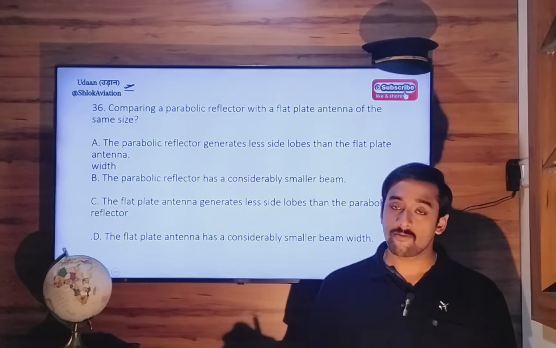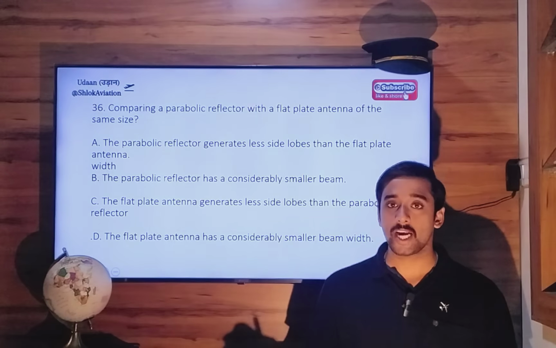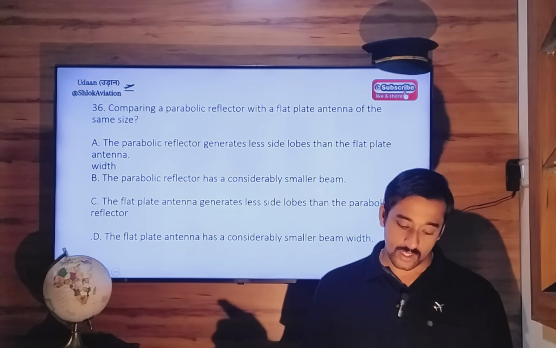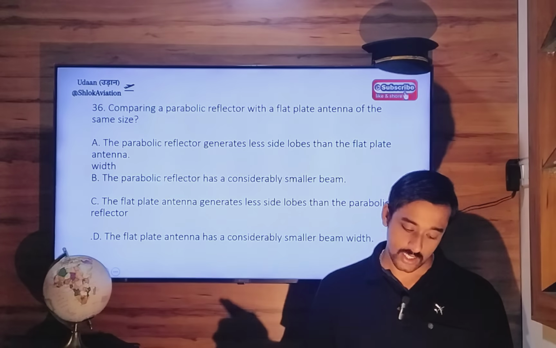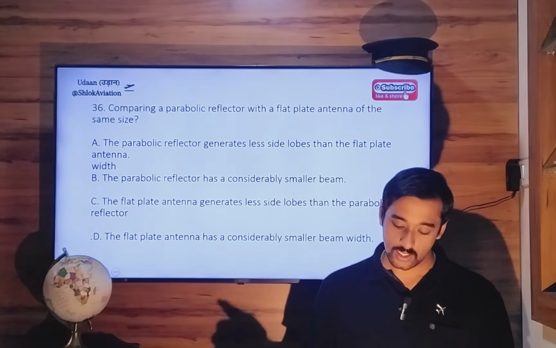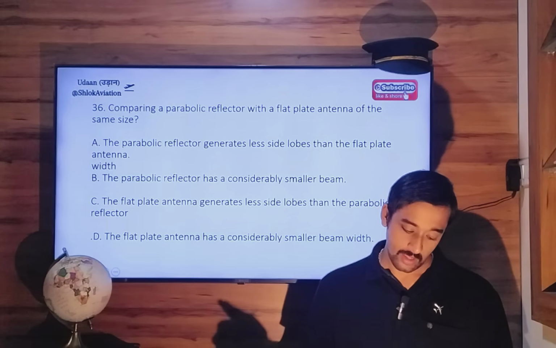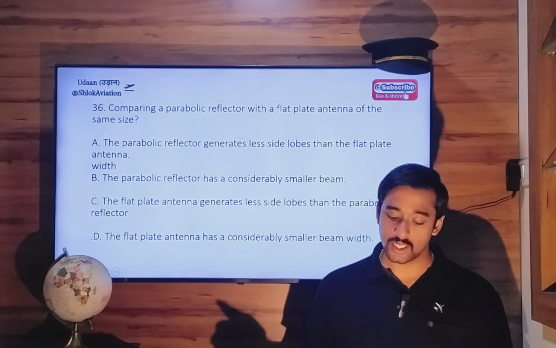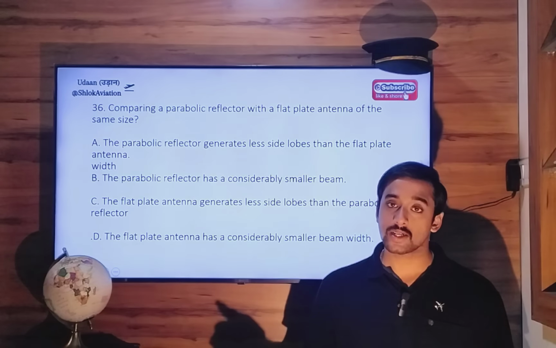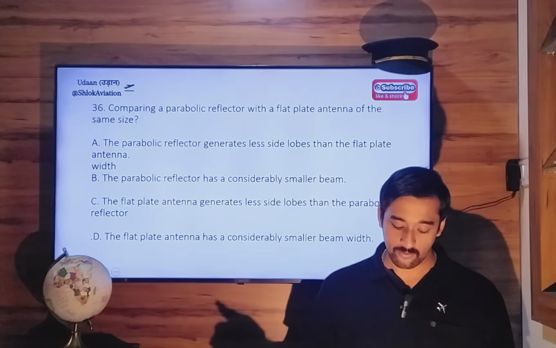Question 36. Pairing a parabolic reflector with a flat plate antenna. Flat plate antenna is nothing but slotted array of the same size. What are the advantages? The parabolic reflector generates less side lobes than the flat plate antenna. The parabolic reflector has a considerably smaller beam. Flat plate antenna generates less side lobes than a parabolic reflector.